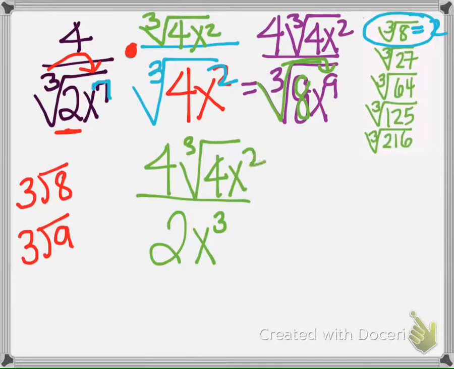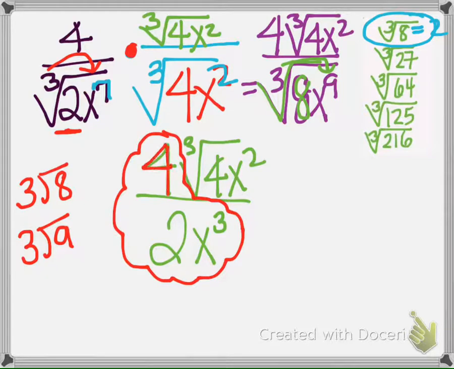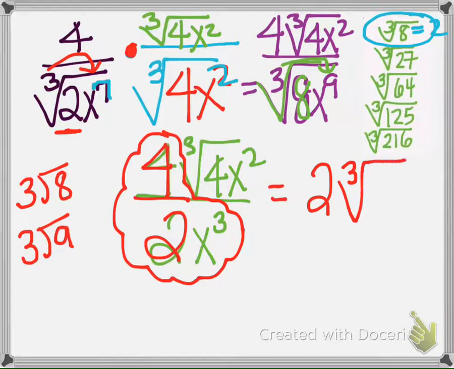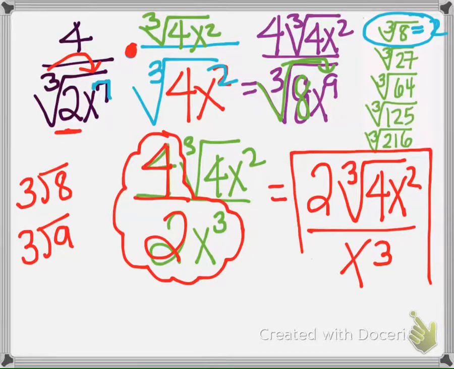And then we can look on the outside of our radical to see if anything can be simplified. And we know that 4 divided by 2 is 2. And that is our final answer.